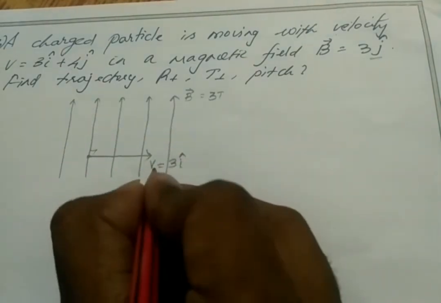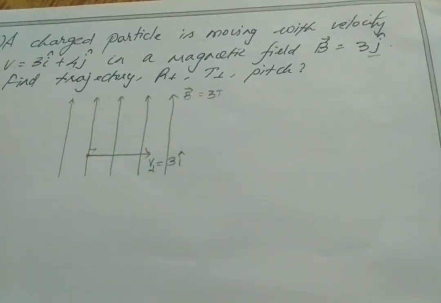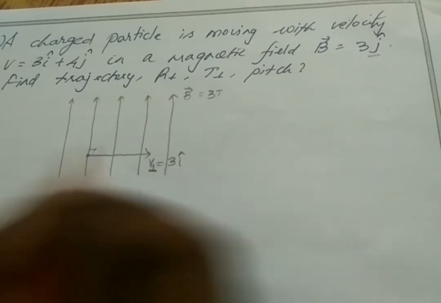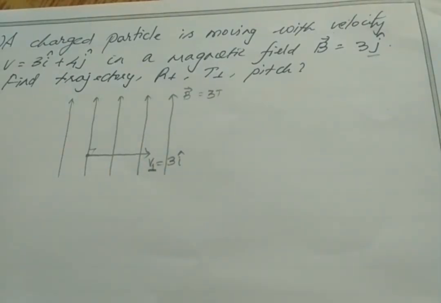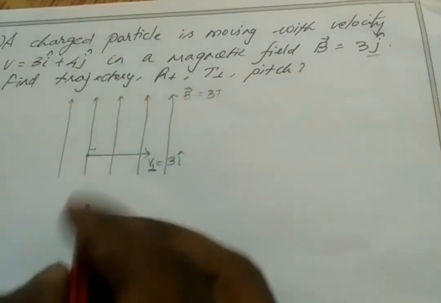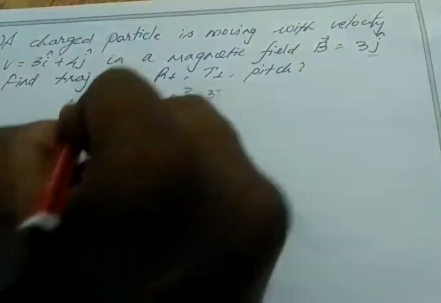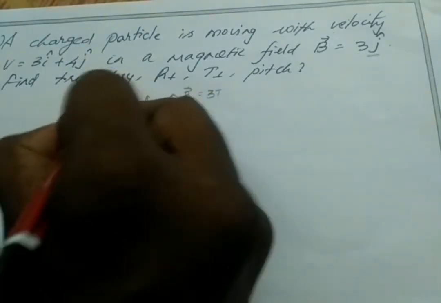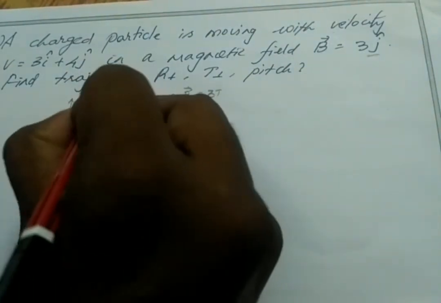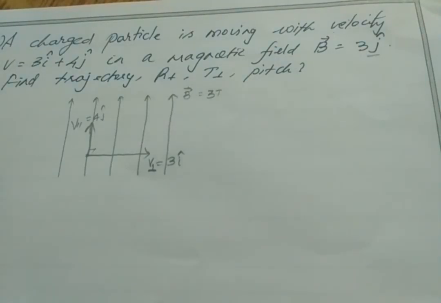So this is my perpendicular component. What is the parallel component? Along the direction of the magnetic field, we have 4j. 4j means y-axis. So this component is taken as the parallel component. The value will be 4j or 4 meter per second.